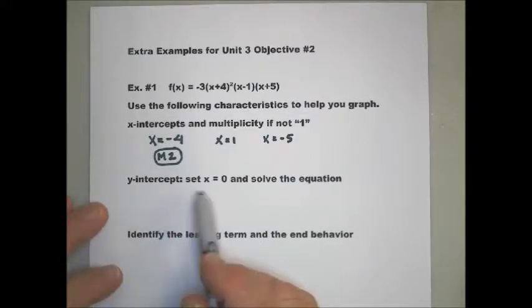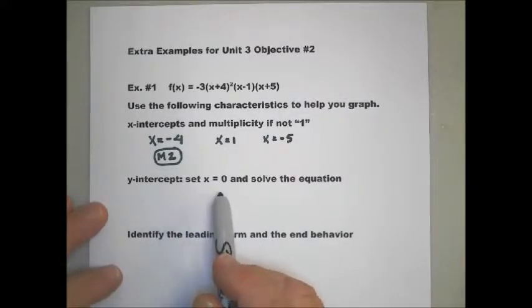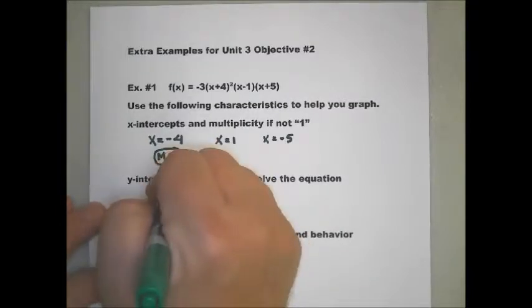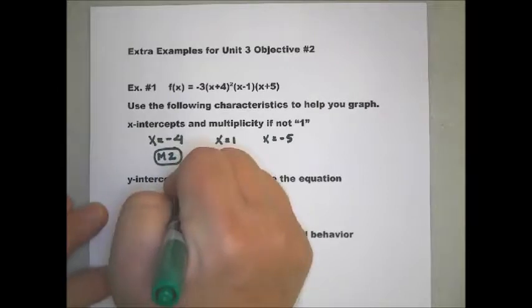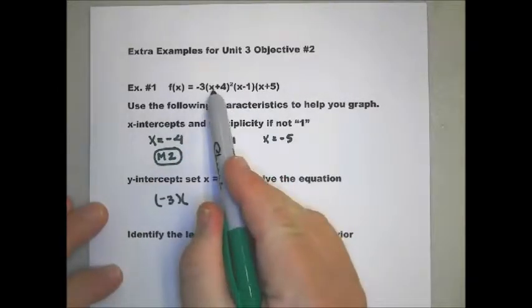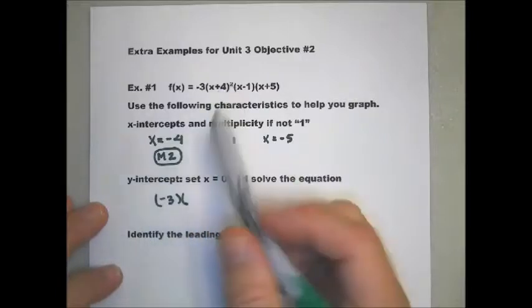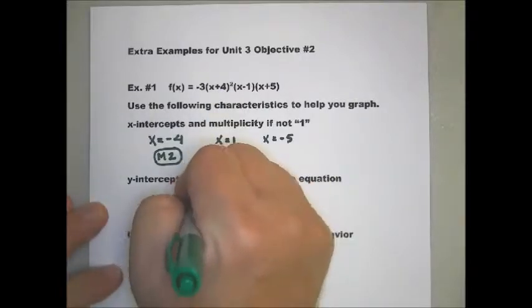Now, the y-intercept, let's set x equal to 0 and solve the equation. Well, we'd have this -3. Now, when x equals 0, 0 plus 4 is 4. And then the equation tells us to square it. So 4 squared is 16.